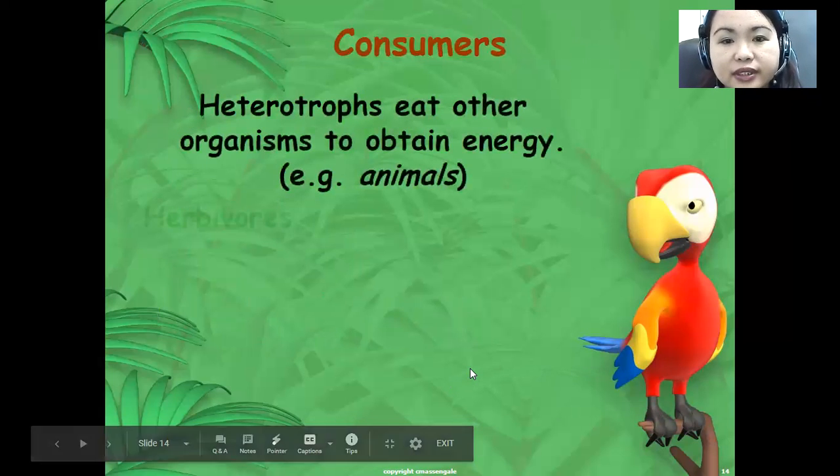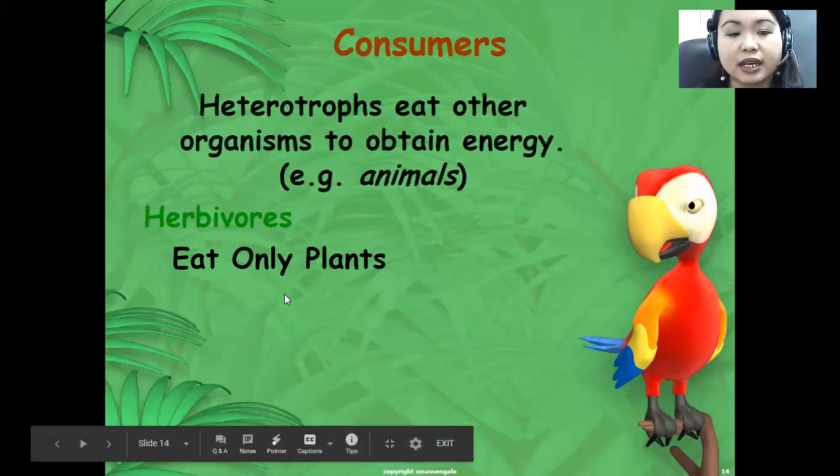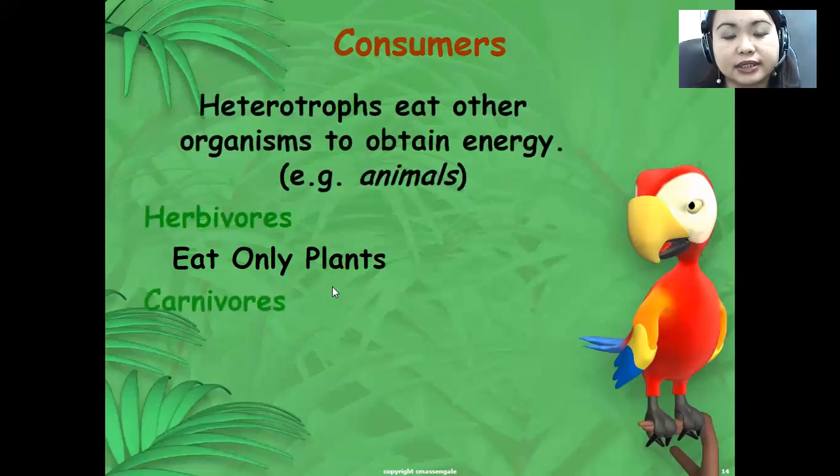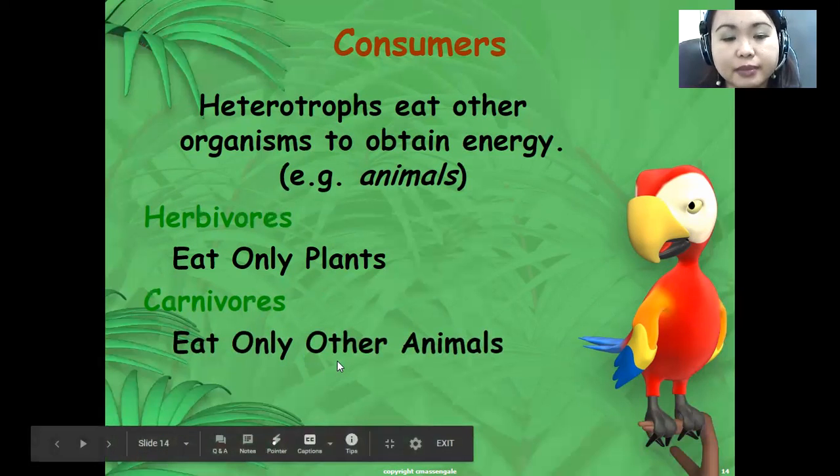So let's talk about the consumers. These are heterotrophs. Heterotrophs are also called consumers. They eat other organisms to obtain energy. Examples are the animals, and humans belong to the animal kingdom. Herbivores eat only plants, while carnivores eat only other animals.